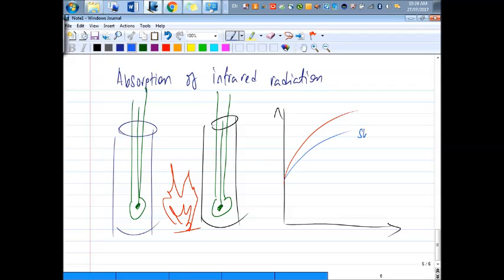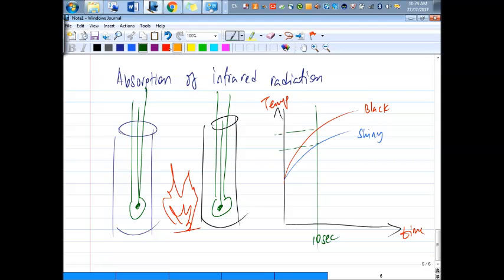The lower one is shiny, and the one on top is black. This is your temperature, and this is the time again. So at any one point in time, for example, 10 seconds, the temperature for the shiny one is lower than the temperature for the dark one, meaning our black surface is absorbing heat at a higher rate than the shiny surface. That's why its temperature is higher at the same time.